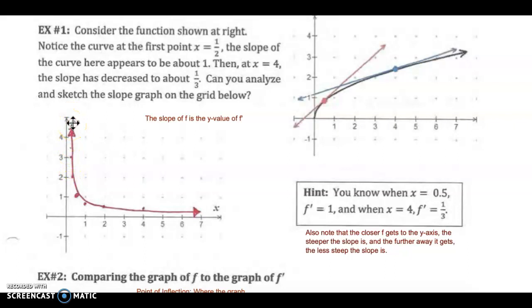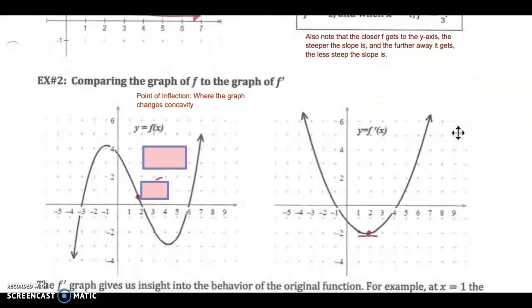And then the further away it gets from this y-axis on f, the less steep the slope gets, so the smaller the value gets over here. That's probably a little confusing, and that's okay. You really just need to kind of understand the concept and not really be able to do this specific part right now. We'll get to that later.